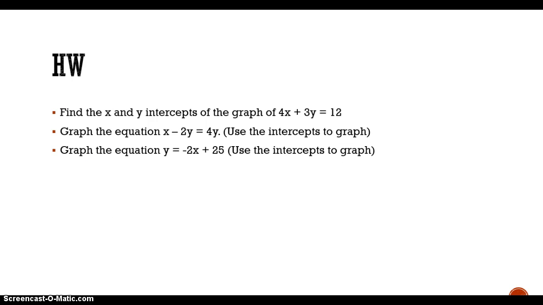So find the x and y intercepts of the graph of 4x plus 3y equals 12. You're going to graph the equation x minus 2y equals 4y. This is a mistake right here.